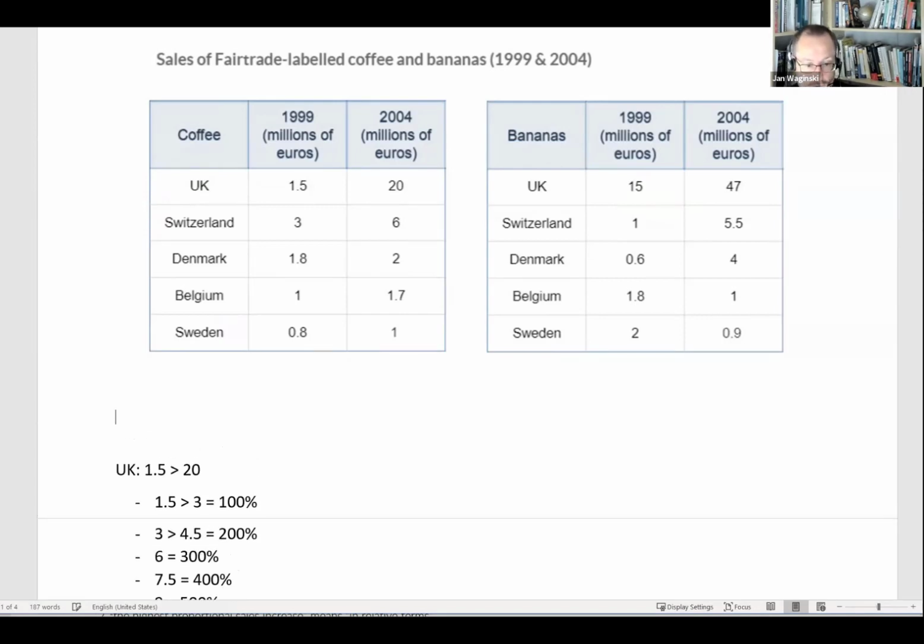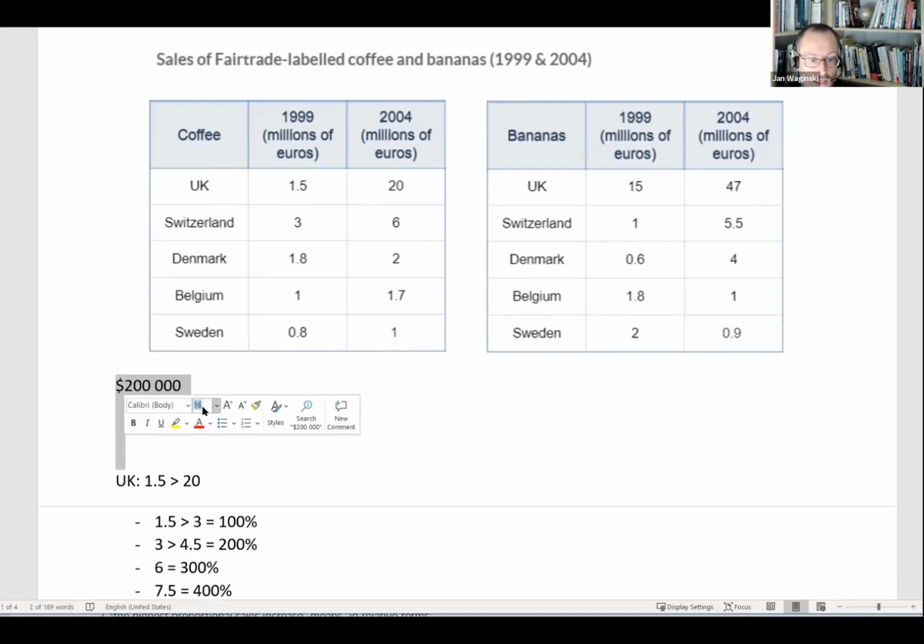Just as a super quick example, let's say your business made $200,000 last year and it goes to $250,000 this year.